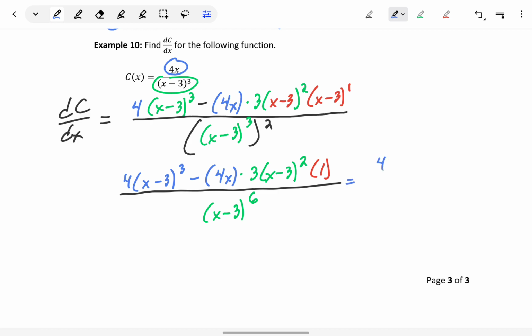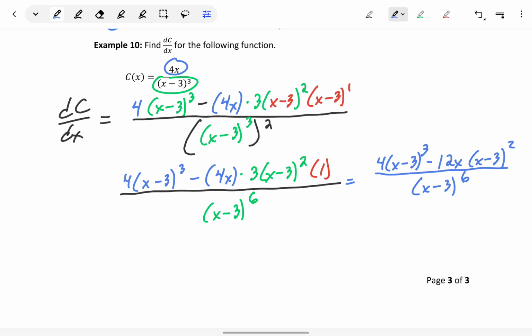Simplifying a little bit here gives us 4 times x minus 3 to the third power minus 12x times x minus 3 squared all over x minus 3 to the sixth.